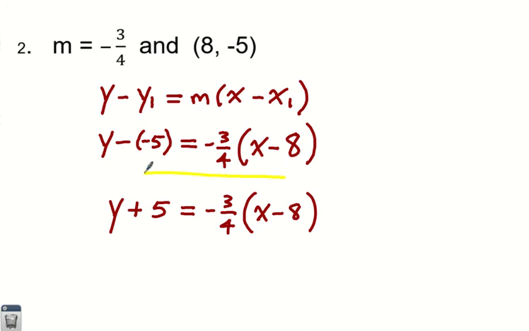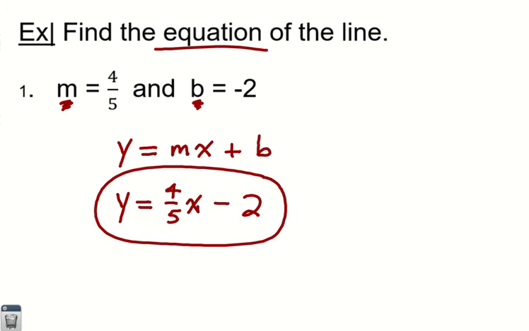Once you get your slope and your point plugged in to the point-slope form, you have an equation. It's a good, valid linear equation, and with the directions not really asking, like right here, this just says find the equation of the line.